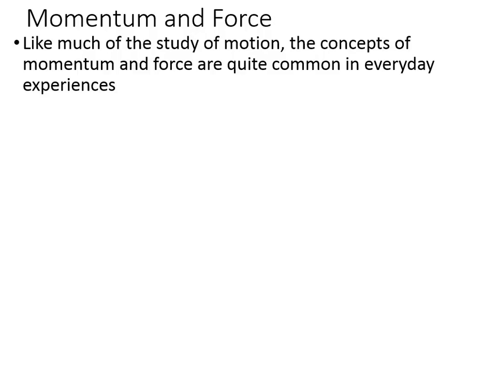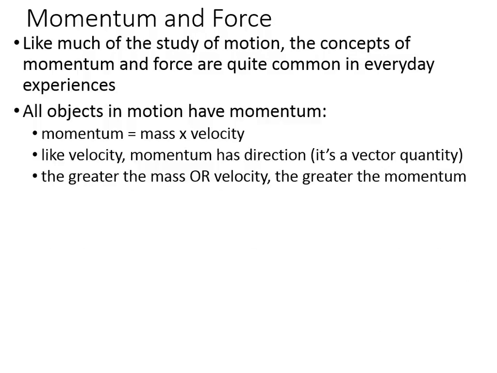But momentum has to do with the mass of the object that is moving. So momentum can actually be calculated by multiplying the mass times the velocity. Momentum is mass times velocity. And remember, velocity is both speed and direction. So it's what we call a vector. Okay, velocity is a vector. So momentum is also a vector. Okay.